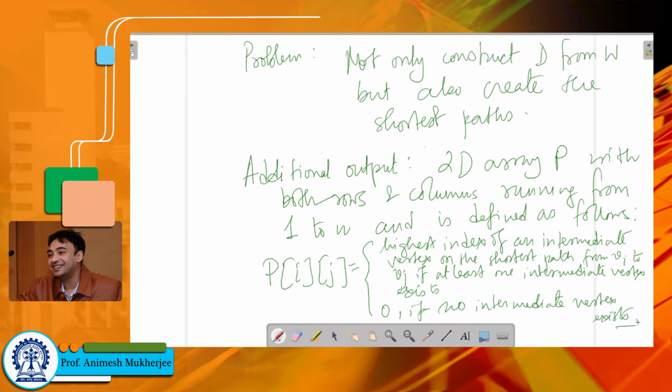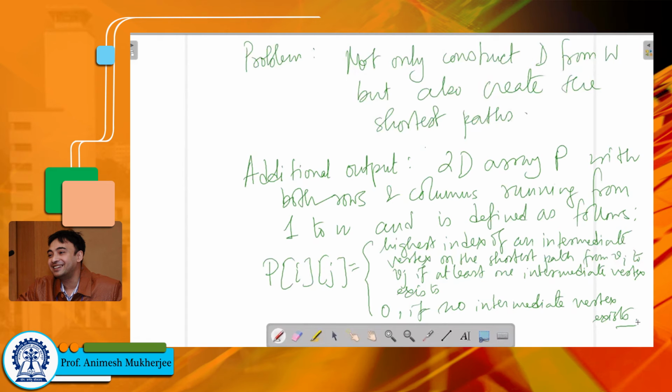So basically what you do is you construct another 2D matrix P. You can imagine it to be kind of a path matrix where you store in every cell the highest index of an intermediate vertex in the shortest path from Vi to Vj that you have explored, in case there is at least one such intermediate vertex.